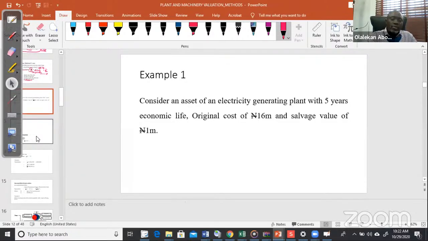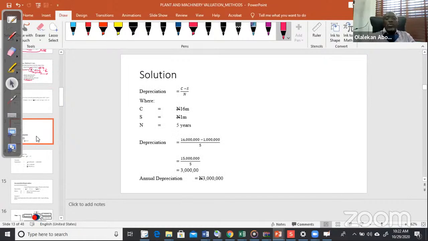Let's quickly see the solution on my slide. I've used that same formula, which is depreciable sum divided by the number of years, and that will give us the annual depreciation amount.